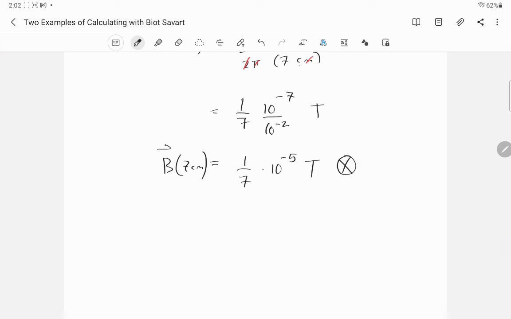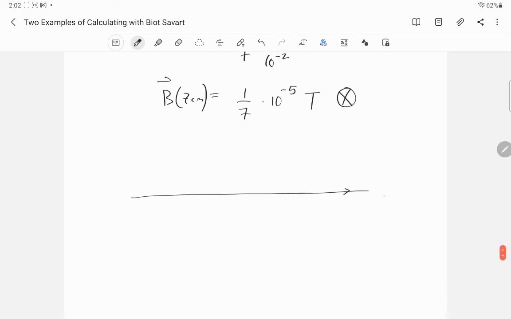So into the screen. So let's say that the current was heading along the positive y-axis, and the person was down here below along the z direction, right?